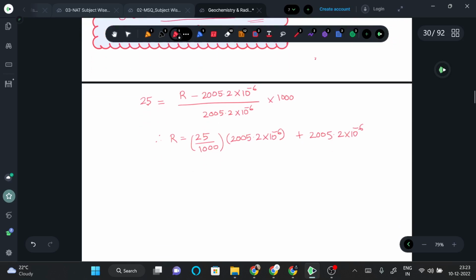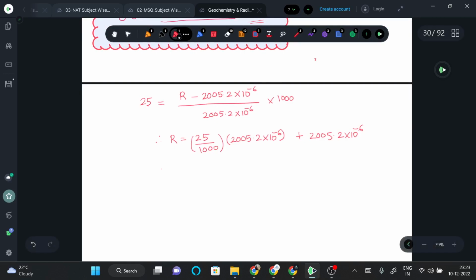We have just taken R on one side and the other values on the other side. This complete calculation we can do at once. We can take 2005.2 outside. Then what will we have? This 1000 and this 10 to the power minus 6 will become 10 to the power minus 9, right?